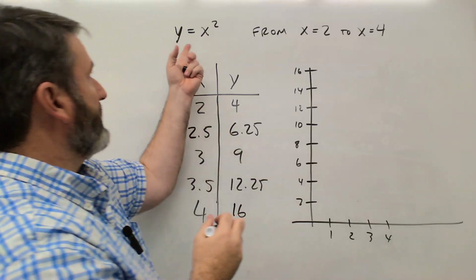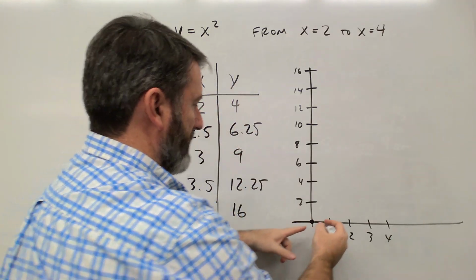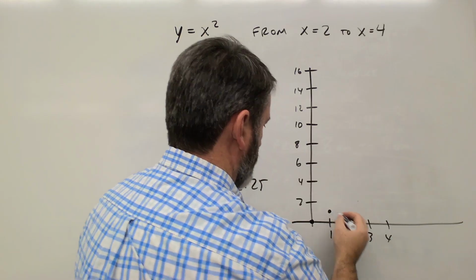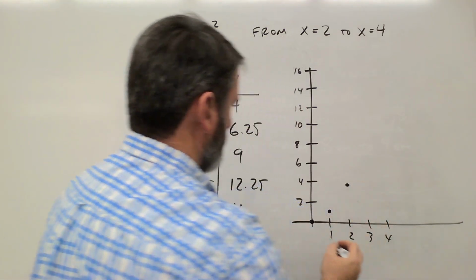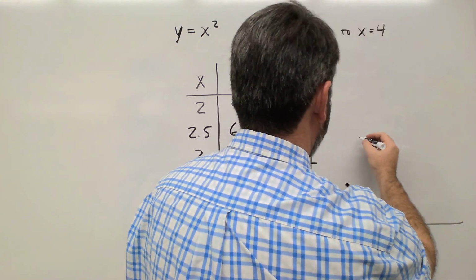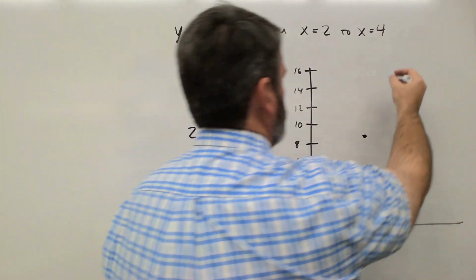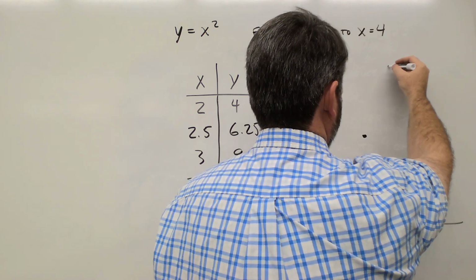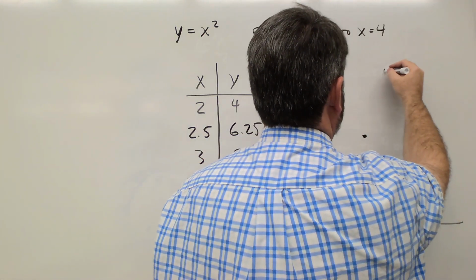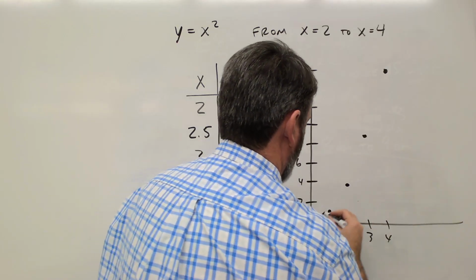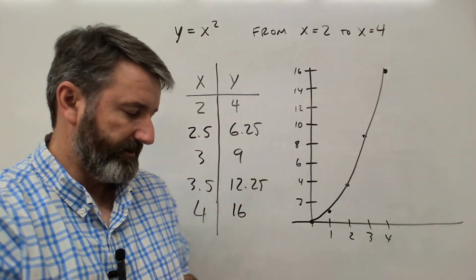All right, so we know that when x is 0, y is 0. When x is 1, y is 1. When x is 2, y is 4. When x is 3, y is 9. And when x is 4, y is 16. So we're going to get this parabola, kind of looks like that.